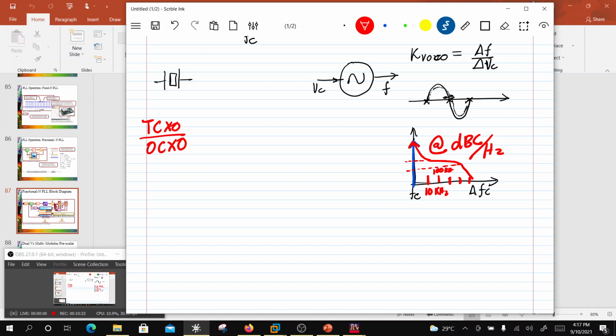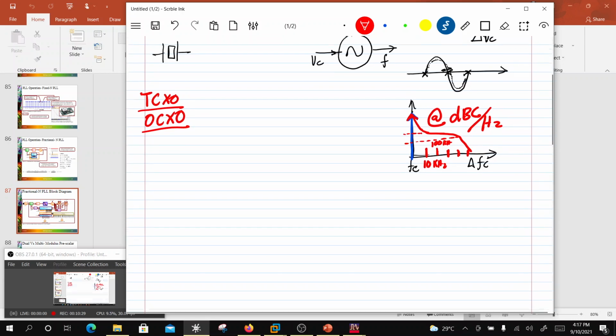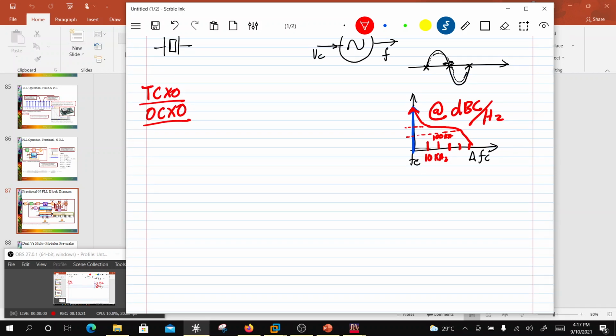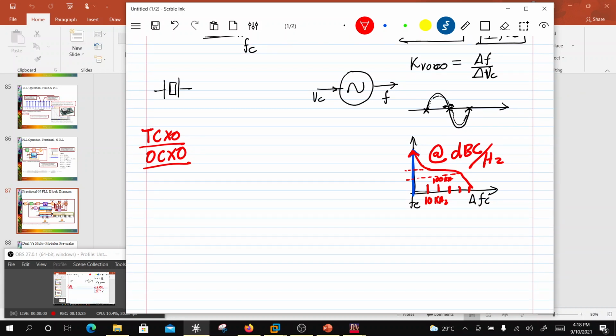OCXO is an oven compensated crystal oscillator, which uses feedback based on sensing the temperature. OCXO can be more stable than a TCXO, but for most practical applications, TCXO is good enough. So this provides a reference frequency, let's call this FREF. So I get FREF out of this.